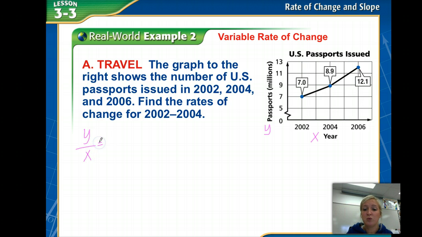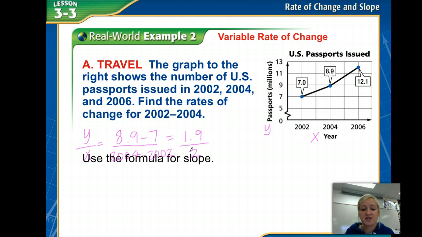My change in y from 2004 to 2002 is 8.9 minus 7, which happens to be 1.9. And my change in years happens to be 2004 minus 2002, which happens to be 2.